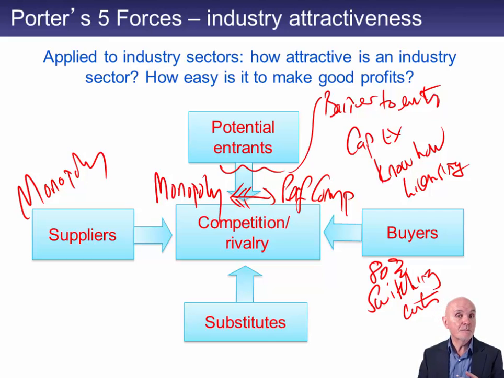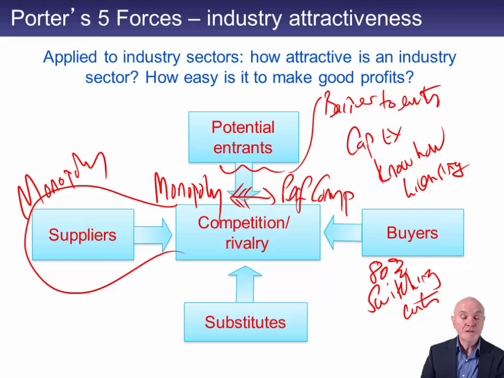Maybe try to set up your own supply operation. Maybe what you do to make sure that supply is secure is you decide to take them over, to incorporate them. And then when this supplier is part of you, you can say to the supplier, don't supply my competitors, you only supply me. And finally, we have substitutes.